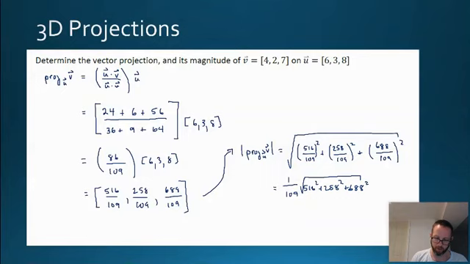And I think we'll get our answer as a decimal here. We'll just approximate it, root it and divide by 109. So I got about 8.24 units for the size of that projection.